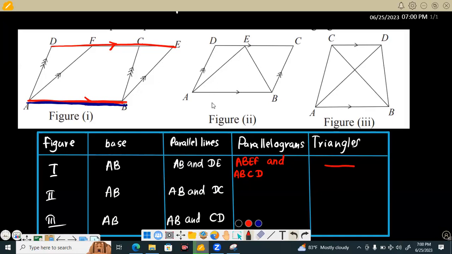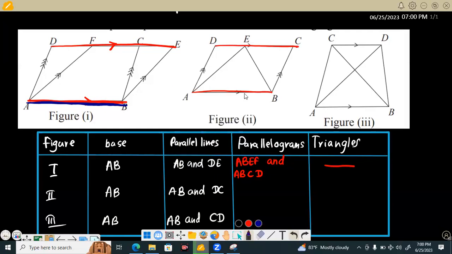Now here, can you identify the parallelogram where the base is AB, and which lies in between the two parallel lines AB and CD? What is the parallelogram? It lies in between these two parallel lines AB and CD.